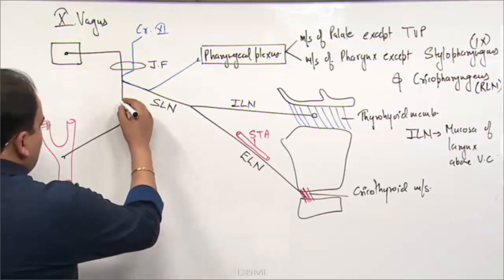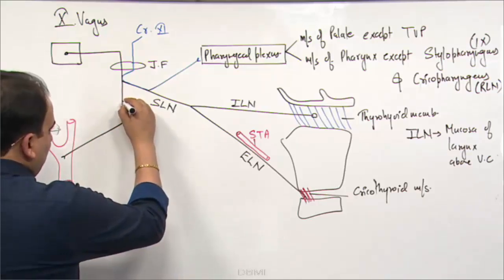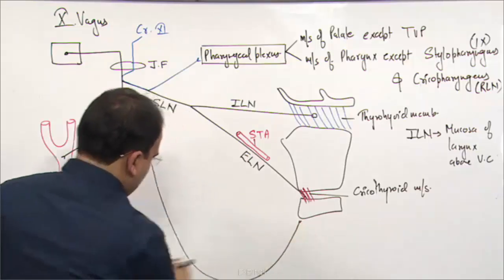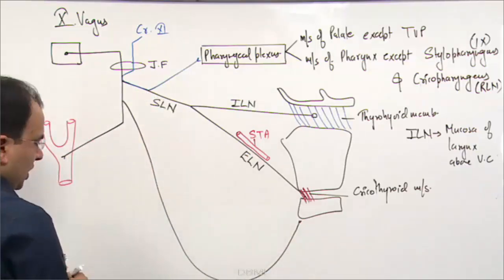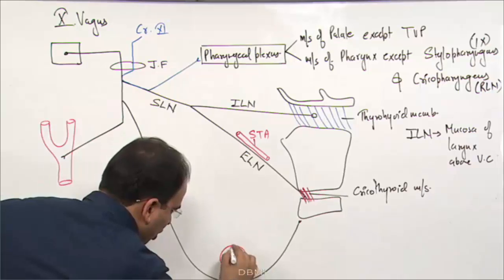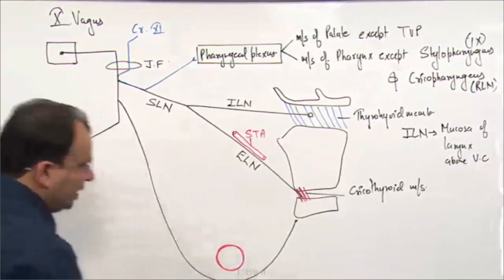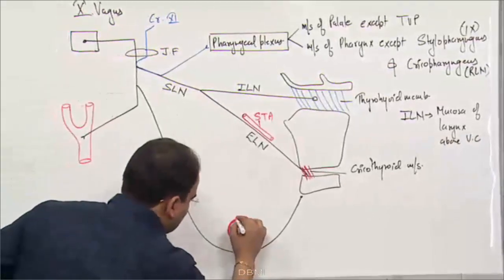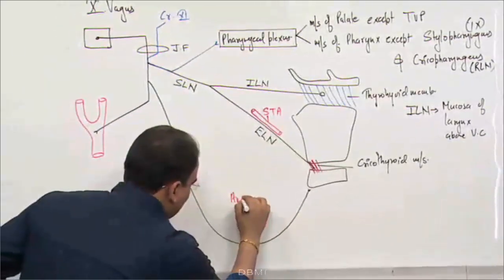Finally, there is a branch of vagus nerve which will loop below the arch of aorta on the left side and the right subclavian artery on the right side. Let's say this is the arch of aorta.